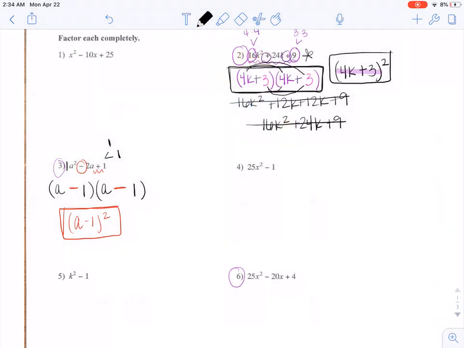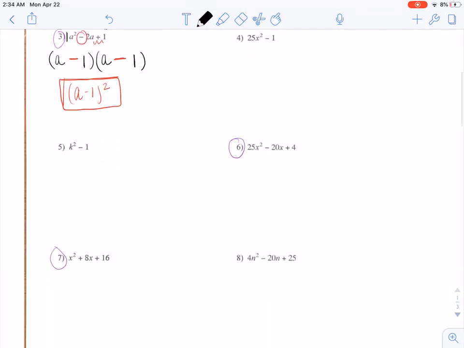Let's continue on. Again, with 6, we're doing the same thing. We recognize that 25 is a perfect square, so we have 5x and 5x. Then if we look at 4, we know 4 is also a perfect square, and it's 2 times 2, so we have 2 and 2. Just like number 3, we have a negative in the middle and a positive on the outside.